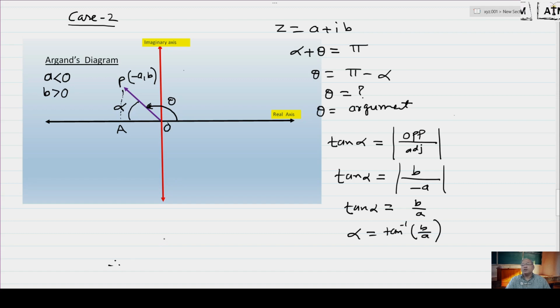Therefore, for the ray in the second quadrant, theta, the argument, equals pi minus tan inverse of b upon a.